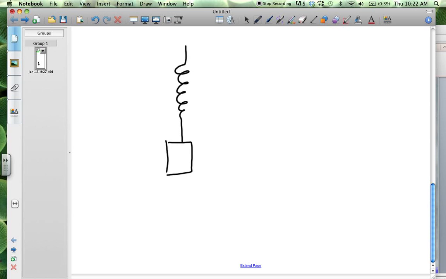If I've got a mass on a spring, it extends it. If I had no mass on this, it would maybe be like something like this. I put this mass on it, and it's extended by a certain amount. This extension, x, using x again, is related by the formula that the force is equal to kx.